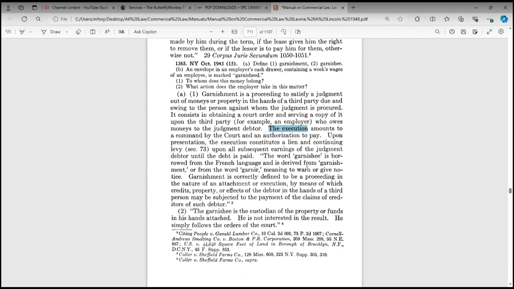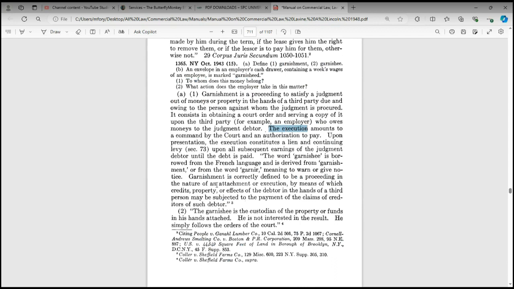The word garnishee is borrowed from the French language and is derived from garnishment, or from the word garnir, meaning to warn or give notice. Garnishment is correctly defined to be a proceeding in the nature of an attachment or execution, by means of which credits, property, or effects of the debtor in the hands of a third person may be subjected to the payment of the claims of the creditors of such debtor.